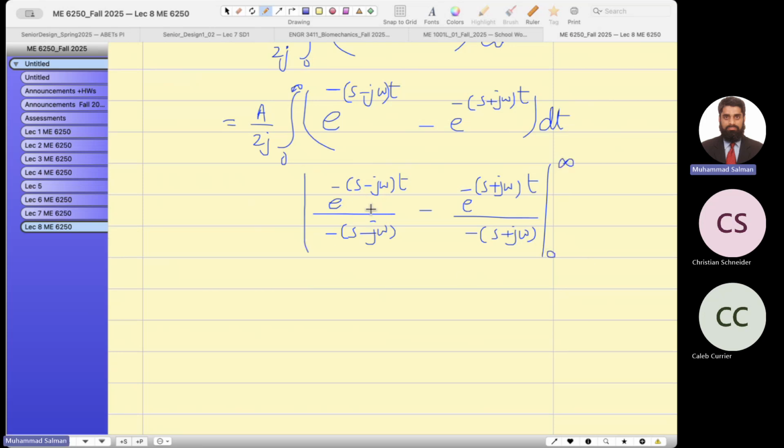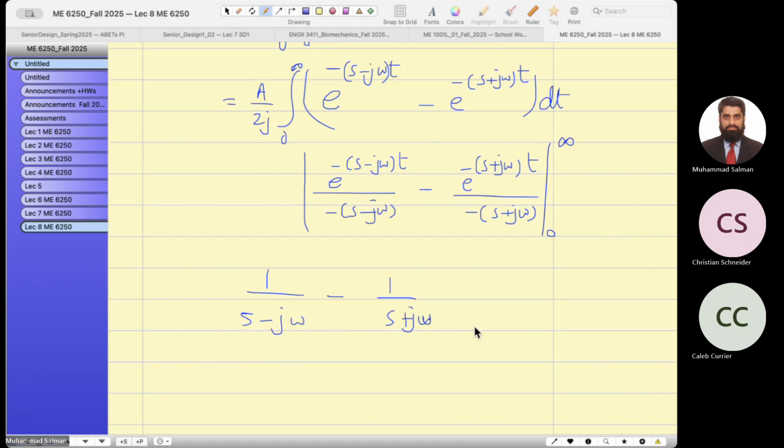What will happen to this term? You are left with 1 over s minus j omega minus 1 over s plus j omega, with a over 2j outside the parentheses.